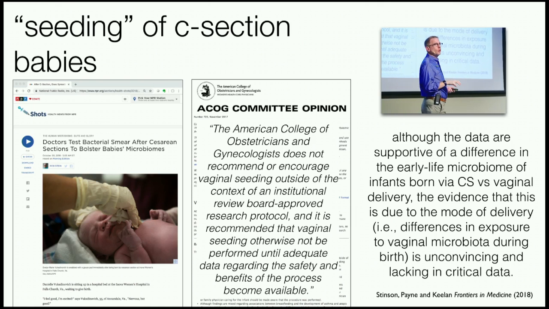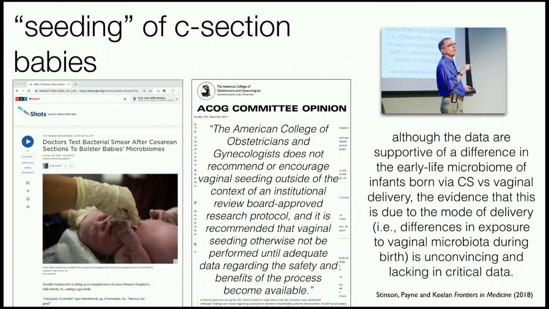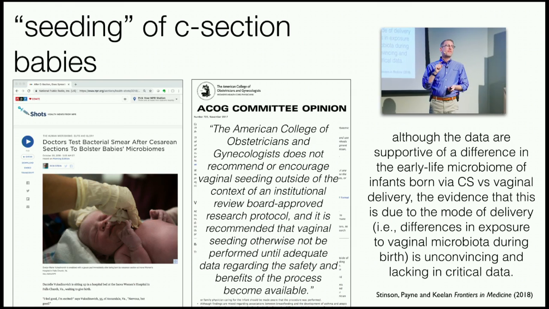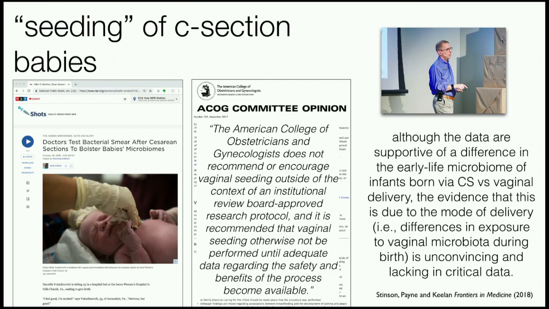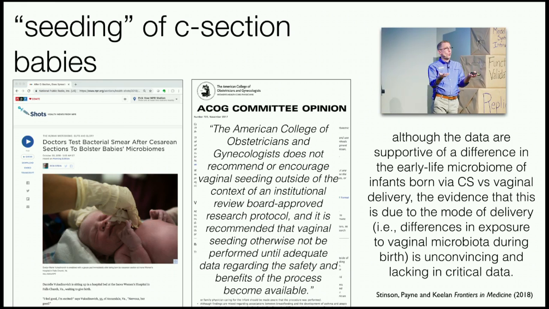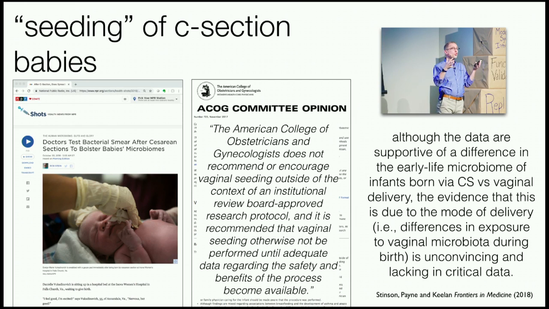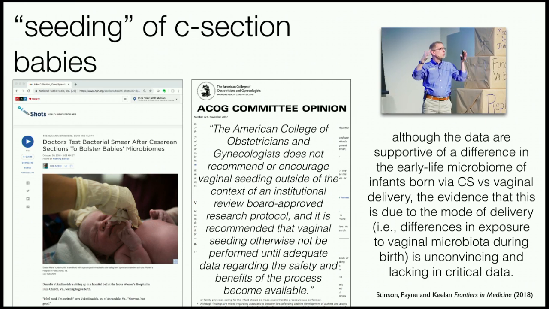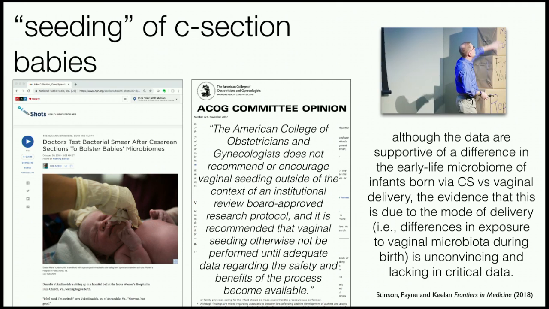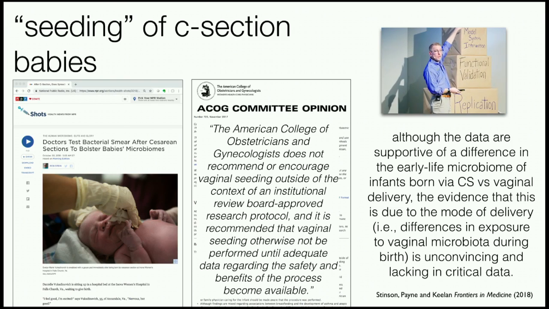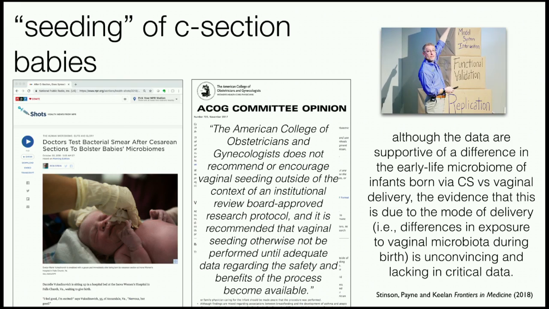They say that vaginal seeding should only be done in the context of a well-defined clinical trial, where you actually have cases and controls, and you're doing this under a strict set of research protocols, again, to try to get us some information to know if that thing at the top makes sense or not.